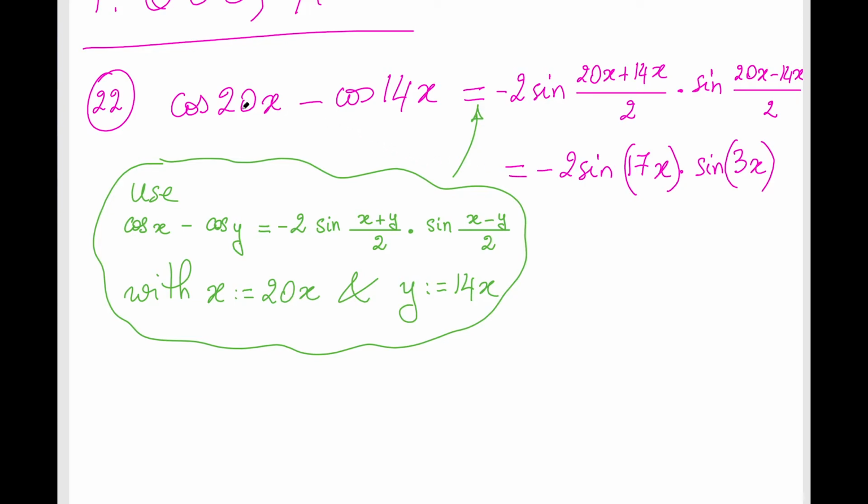So cosine of 20x minus cosine of 14x is exactly the same as this expression, but this is written as a difference and this is written as a product. No matter what x you choose, these two are the same.